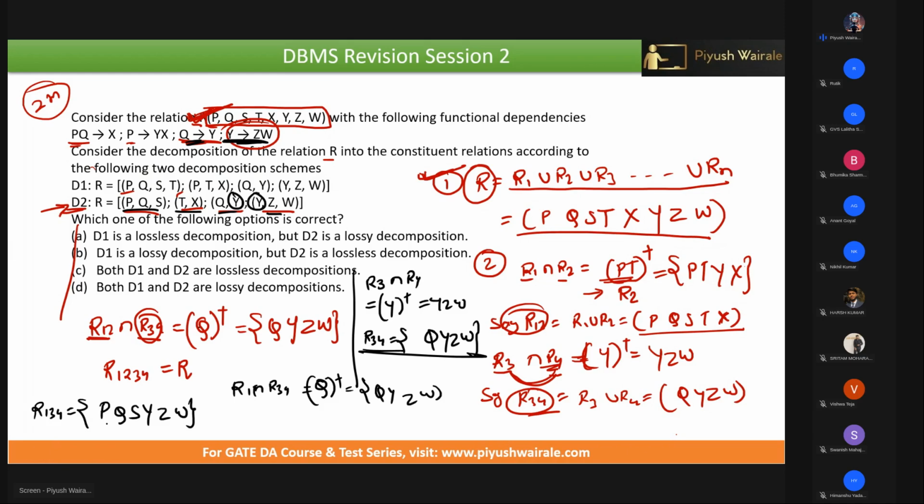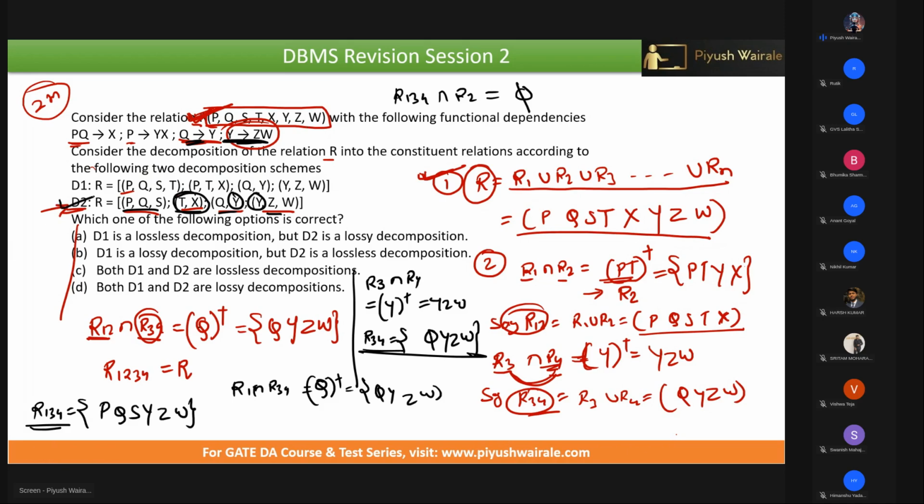We got R134. Now what is remaining? R2. So do we have any common attribute between R134 and R2? We don't have T, we don't have X as well, right? So R134 intersection R2 is equal to the empty set, right? So this violates my criteria for lossless decomposition.